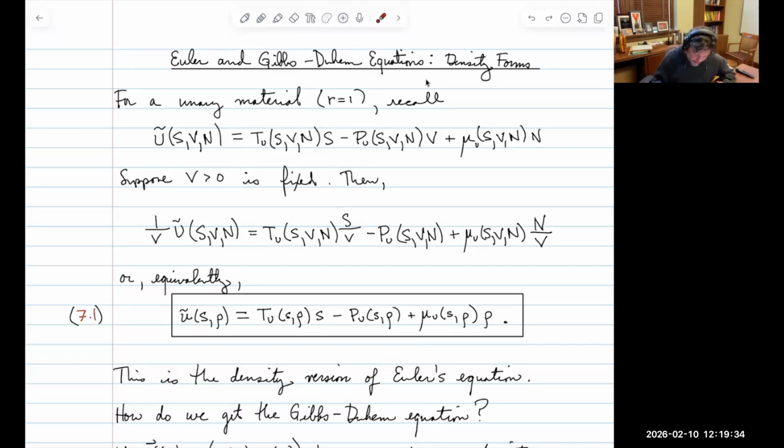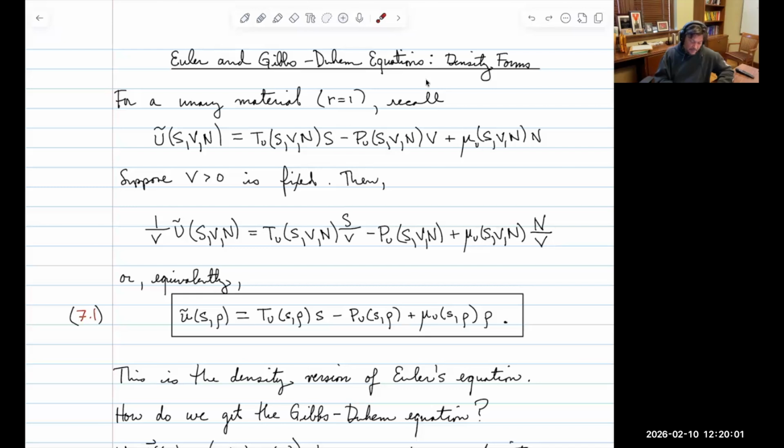That's it. So if we start off with the original Euler expression, all I'm going to do is divide both sides by V, and I'm going to use the fact that the temperature, pressure, and chemical potential are homogeneous of degree zero, and the rest of the variables are homogeneous of degree one.